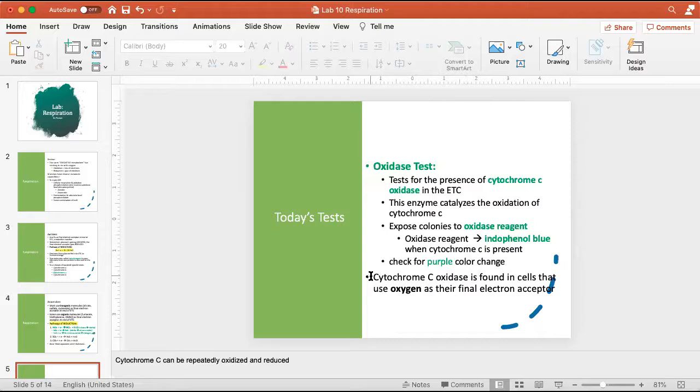Now, here's something else to know. When a particular microbe is positive on the oxidase test, and remember that means it has cytochrome C oxidase, it also tells us a couple of other things, right? It tells us it must use cytochrome C in its electron transport chain. And that means it also must use oxygen as the final electron acceptor.